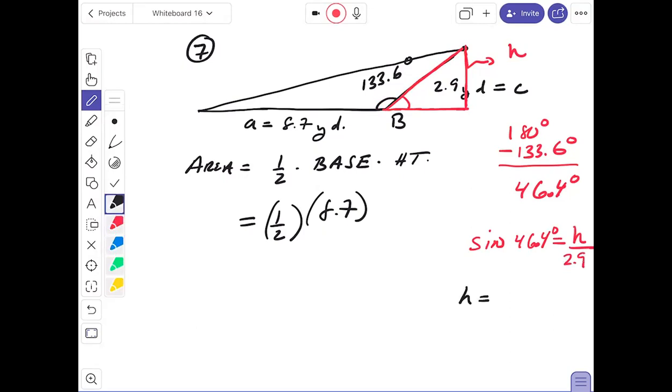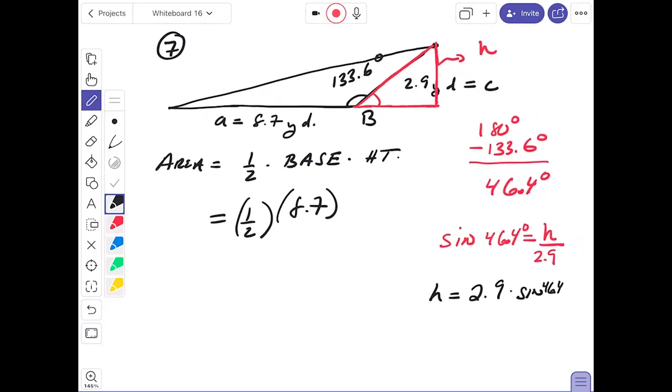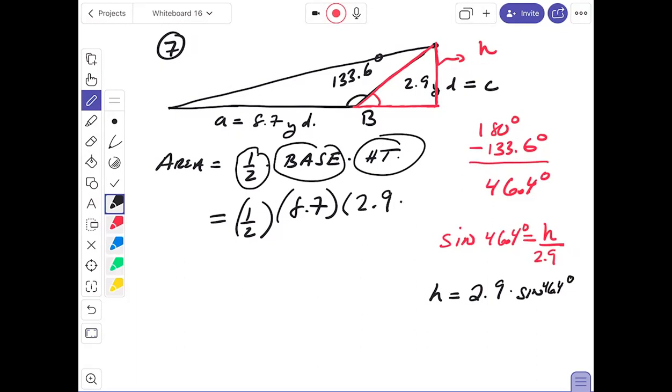H is 2.9 times the sine of 46.4 degrees. Again, we did 1/2, we did the base, we just did the height. That's going to be times 2.9 times the sine of 46.4 degrees.